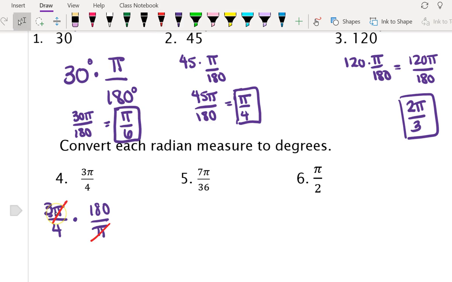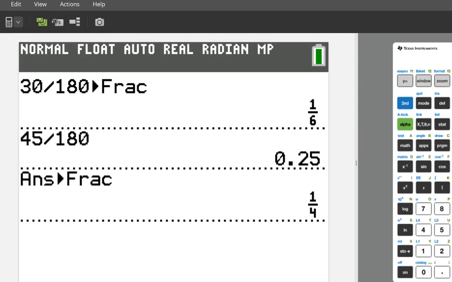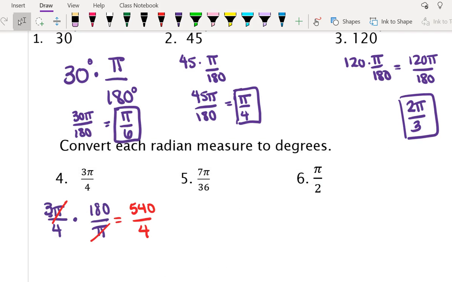So pi's gone, pi's gone. So now I need to reduce, and so 3 times 180 is 540 divided by 4. And so if I divide that, that's going to give you your degree measure. 540 divided by 4, and we get 135. So this is 135 degrees.